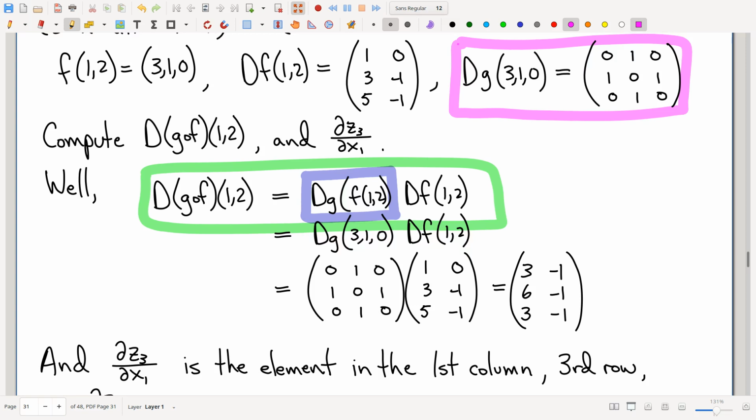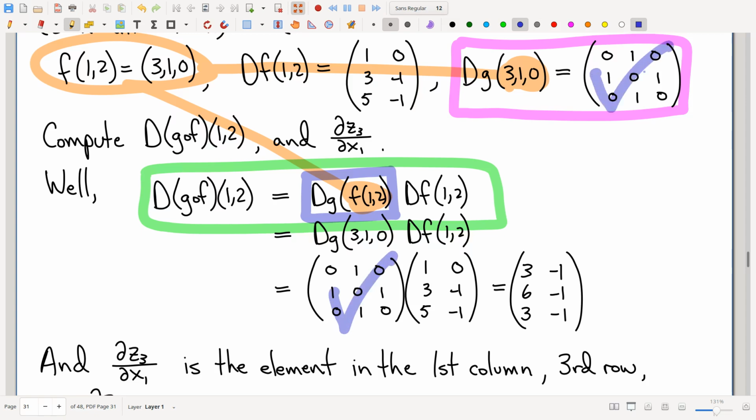So what am I going to do about that? Good news. F of 1, 2 is 3, 1, 0. So in fact, the DG matrix we were given conveniently is indeed exactly the DG matrix that we need. And so this is that matrix right there. Everybody on board?